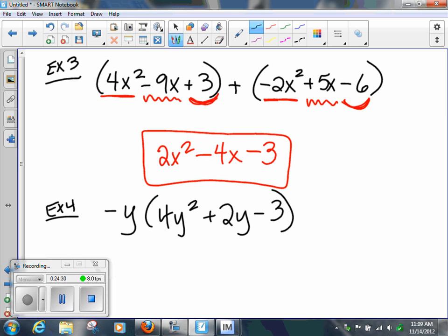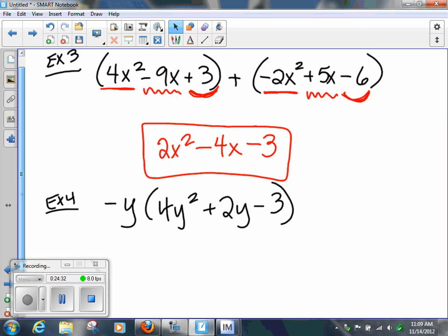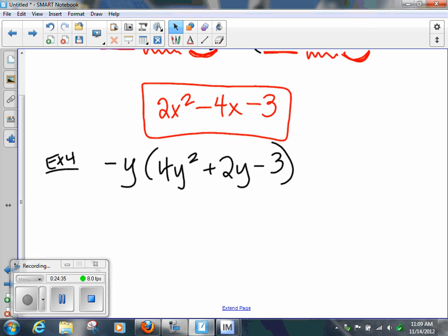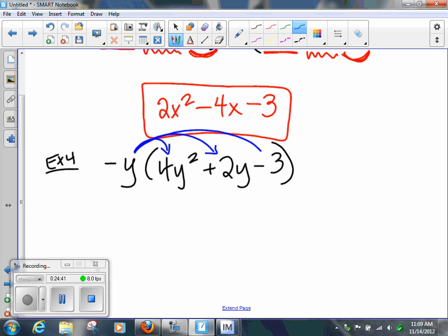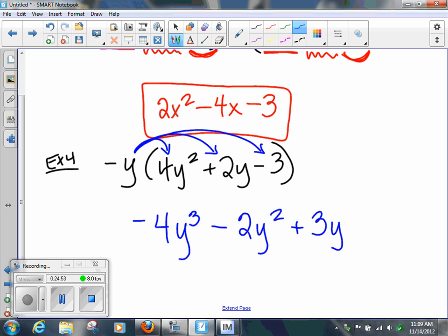We've got to go over this just to review. Hey, what property will we be using? Speaking of properties, distributive property. What do you end up with? Negative 4y cubed minus 2y squared plus 3y.